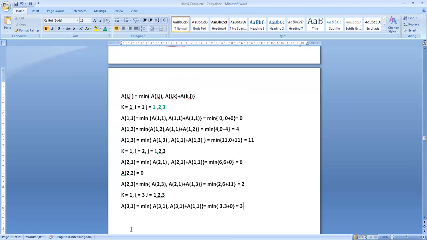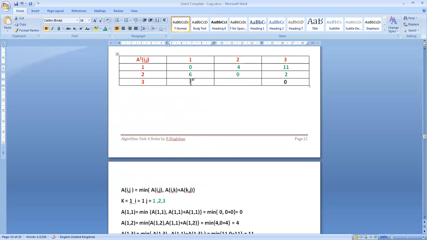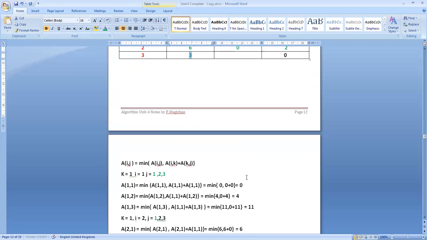So a of 3 comma 1 is equal to 3. It is also found out.